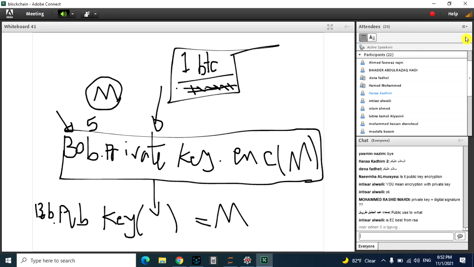Let me find the related Python. EC is stronger than RSA, yes, and that is the reason that in Bitcoin EC is used, not RSA.